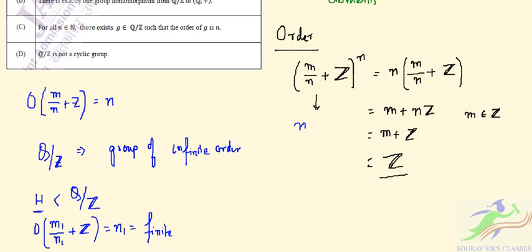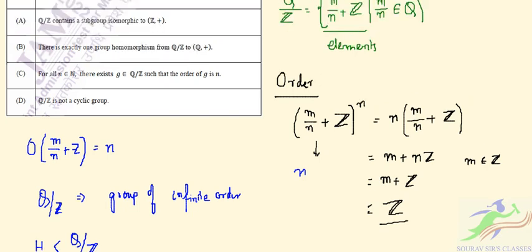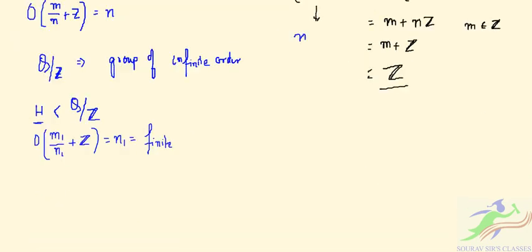Now we have the option that Q by Z contains a subgroup isomorphic to Z plus. Now if we consider Z plus, here the identity element is 0 and the order of this element is 1.